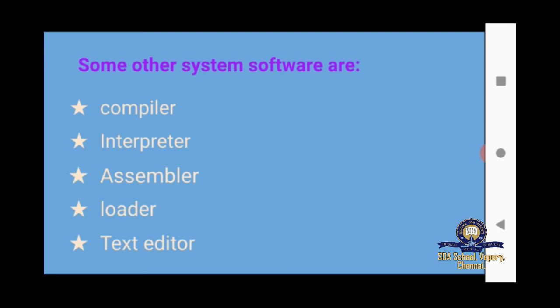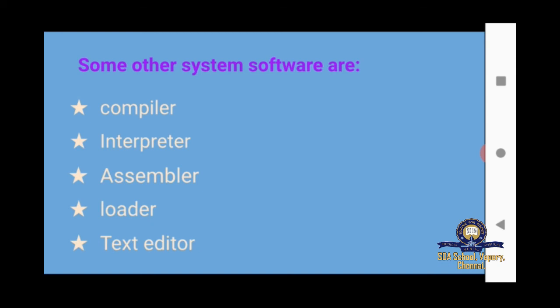Like that, a compiler translates the user's program written in high level language into machine code. Then the interpreter performs the same task as a compiler, but a compiler converts the whole program into machine code when we give any program or data, whereas the interpreter converts code line by line.